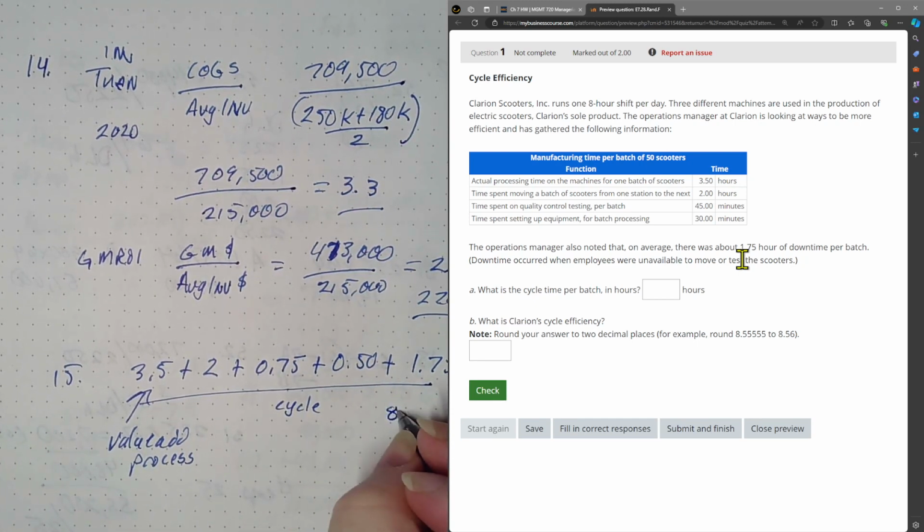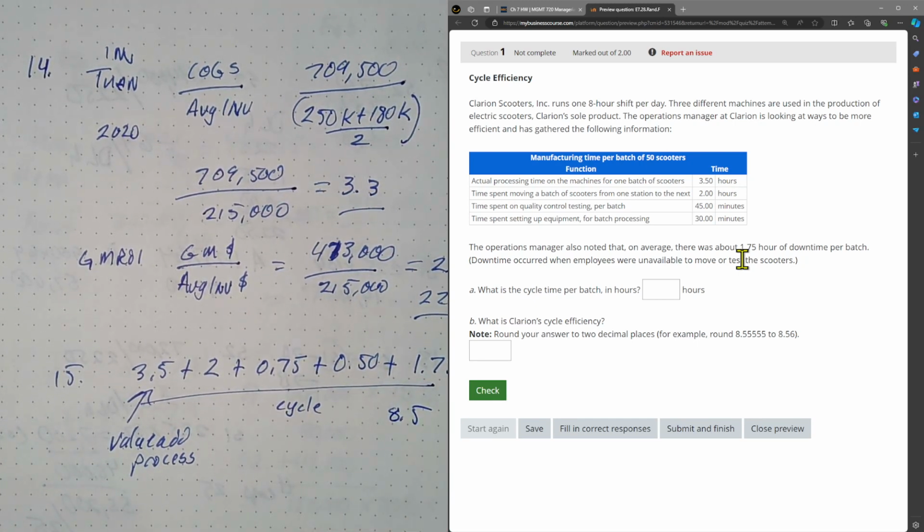So I get a total of 8.5. Let me just add that again. I think I fat fingered something. No, that looks right. So 8.5.